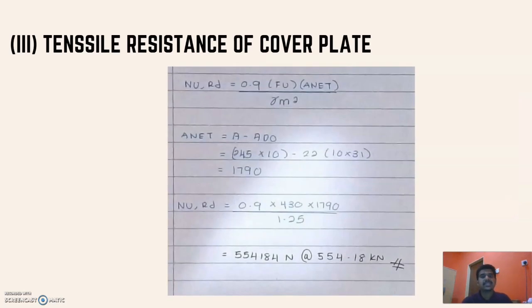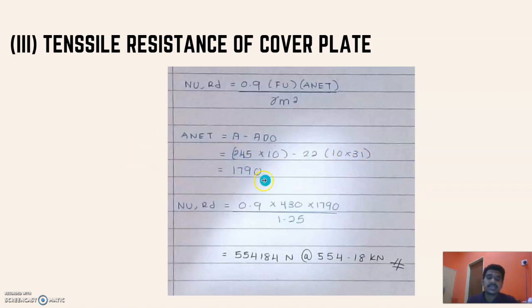The third step is tensile resistance of cover plate. Nu,Rd equals 0.9 Anet fu over gamma M2. This is the formula of tensile resistance of cover plate. We want to search Anet, which is A minus A d0. A is 245 and t is 10, and we minus 22, that is d0. And 10 times 179, we get 1790.